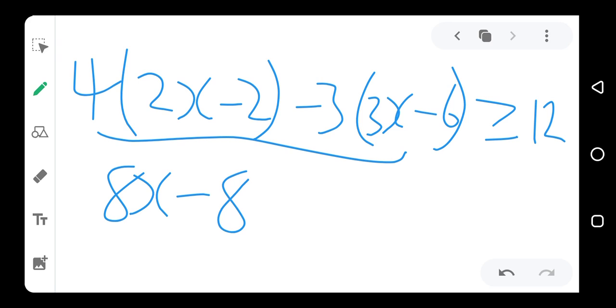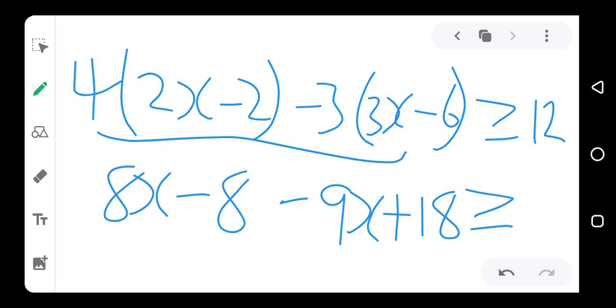Then on this side, minus 3 times 3x will give us 9x. Then minus 3 times minus 6 will give us plus 18. Everything is greater than or equal to 12.